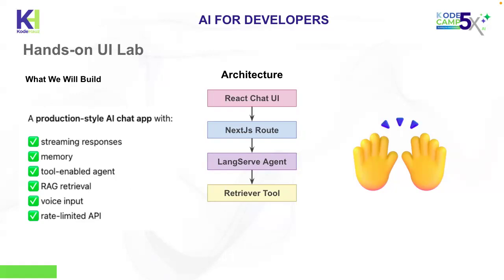Then we may have a bunch of other tools, and you build an agent with that. Then you build an endpoint, and we'll push it out on LangServe. Maybe add Langsmith for observability. And then we have a backend.